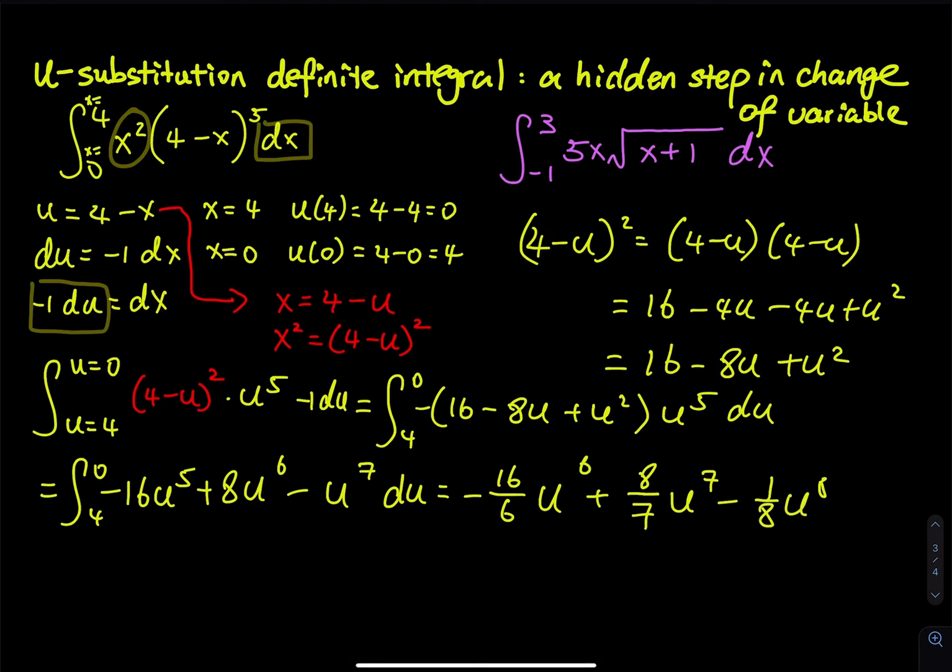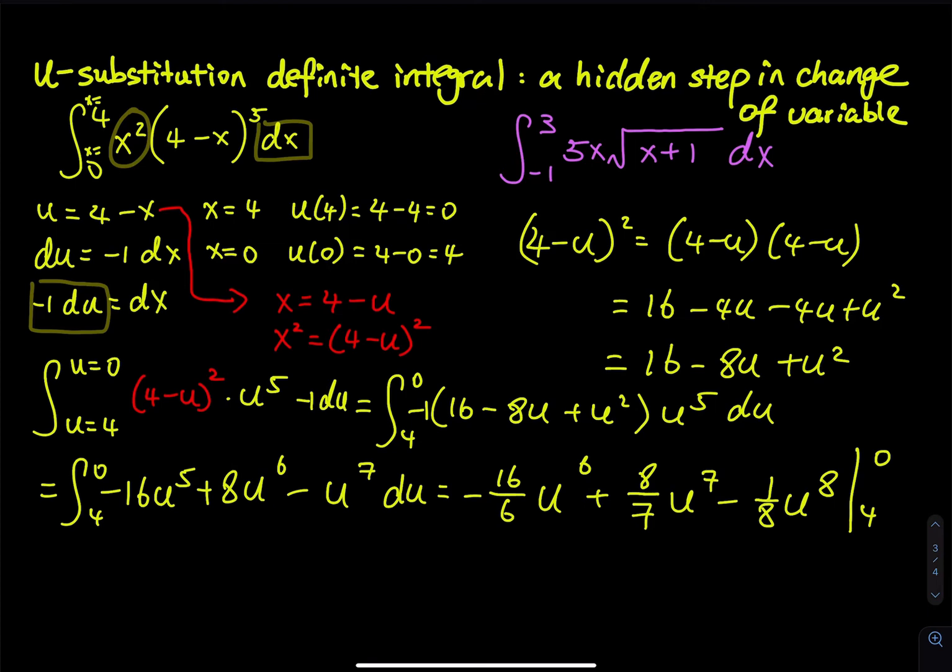So we have 16 minus 8u plus u squared with the negative, so minus 16 plus 8 minus u. All right, so everything is right. And this one, I just prefer to put a negative 1 right over there. And what power is that? That is 8, right? And then u goes from 4 to 0.